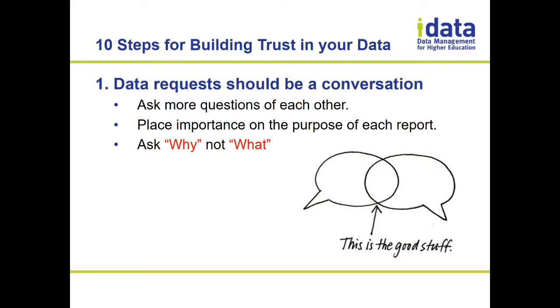And a good way to do that is to place importance on the purpose of the report. So, why are you doing this? What's the purpose of this information? Because the requester may have interesting assumptions and information about why it would be useful.